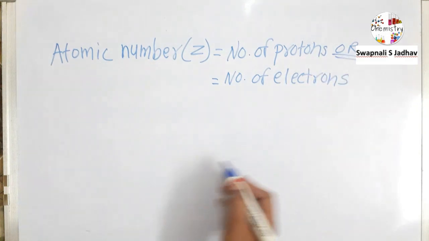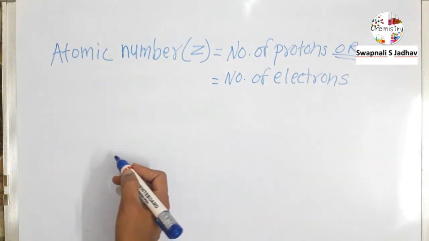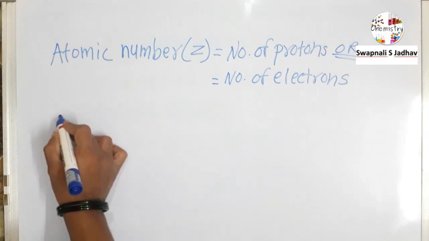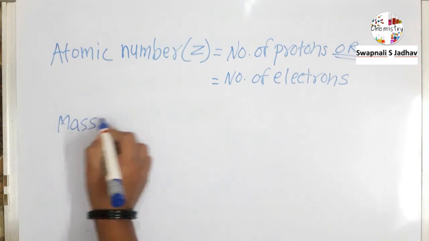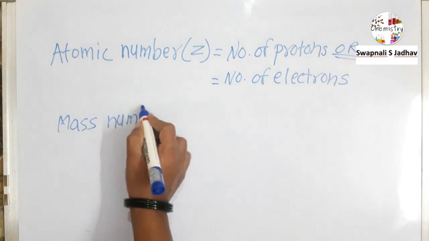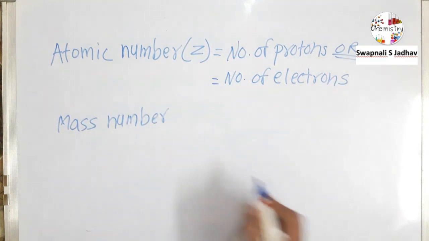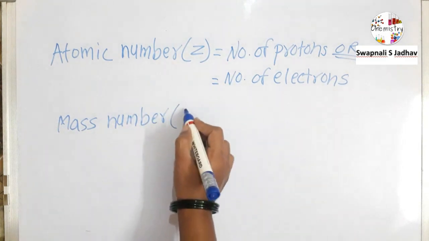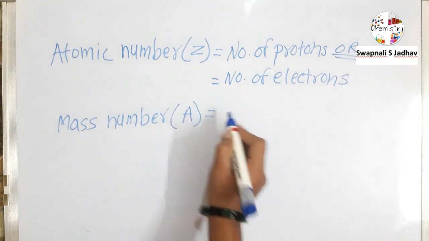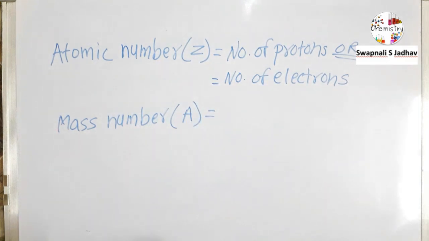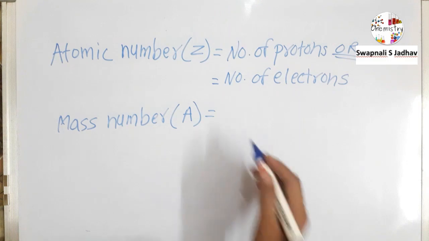Okay. Then tell me, what is meant by mass number? So mass number is represented by which letter? Capital A. So mass number is nothing but the total number of protons and neutrons in an atom.